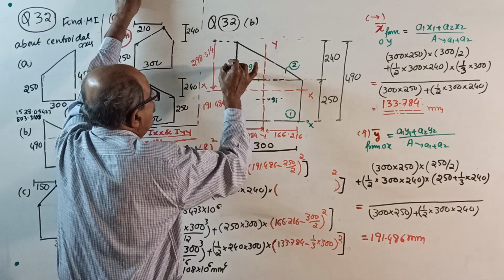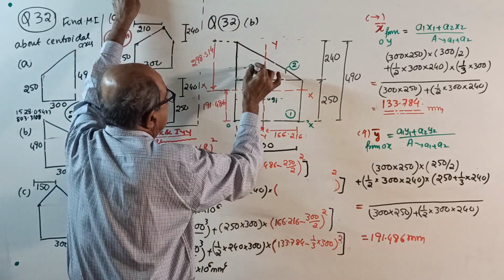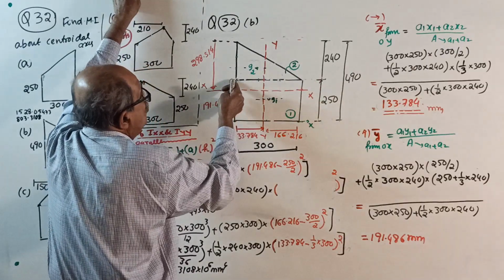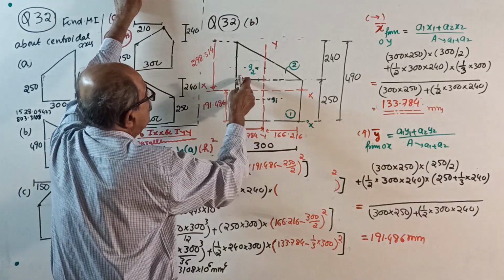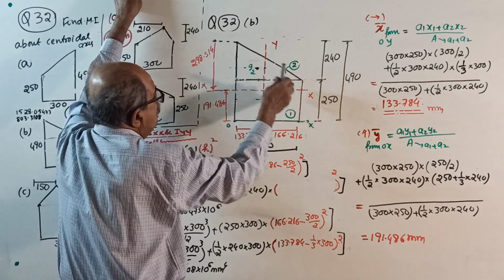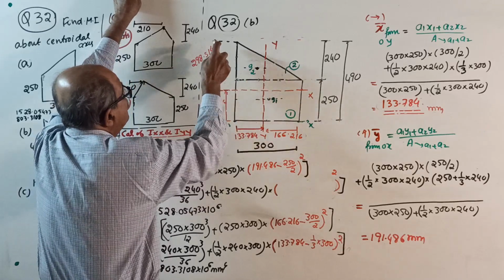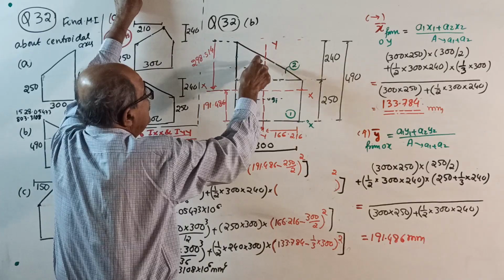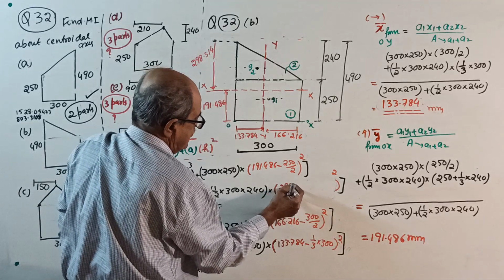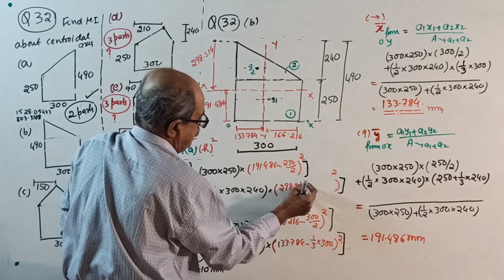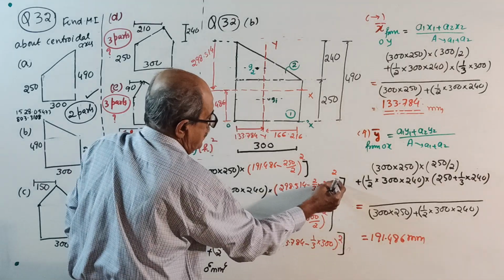For G2, first I about its own centroidal axis. See here: 300 into 240 cube by 36 plus half into 300 into 240 into the distance from centroid G2 to XX squared, that is 298.514 minus 2 by 3 of 240, whole square.